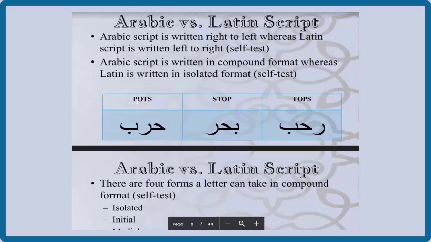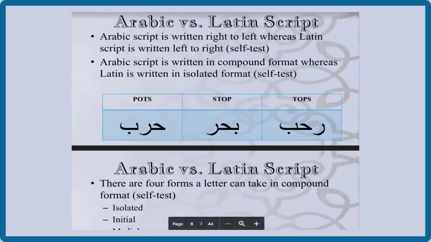These letters are always in an isolated form. But in Arabic, sometimes the letters are in isolated form, sometimes they are in the connecting form, or you can say they would be in compound format, right?